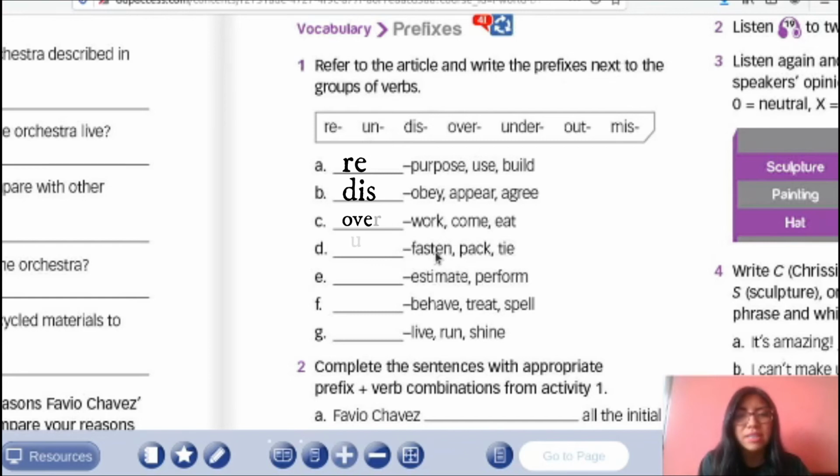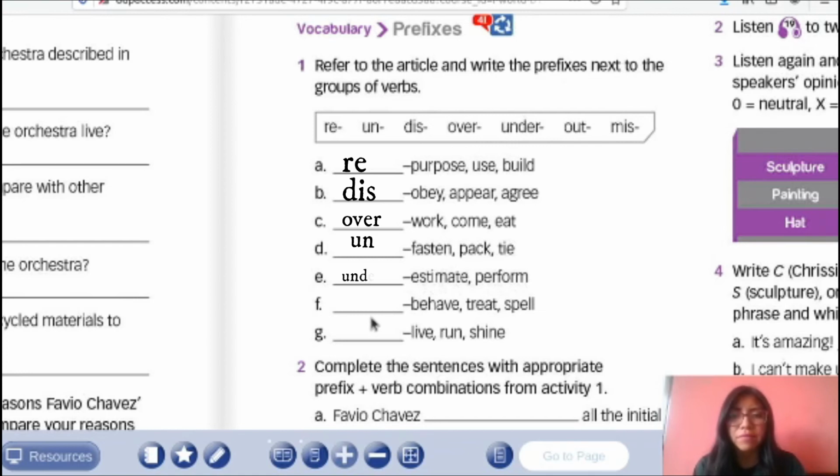Okay? Unfasten, unpack, untie. Look in your dictionaries, okay? Estimate and perform. What kind of prefix can we use? Okay, we are going to use under. Underestimate, underperform.